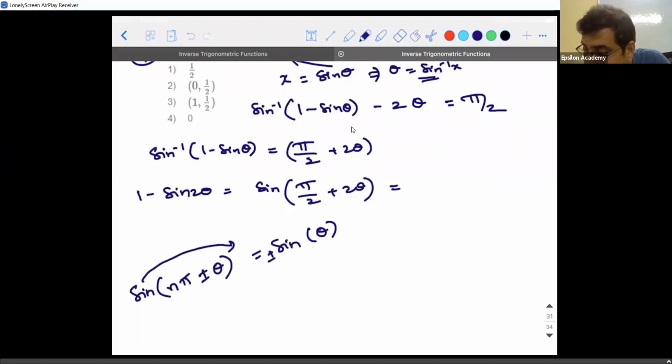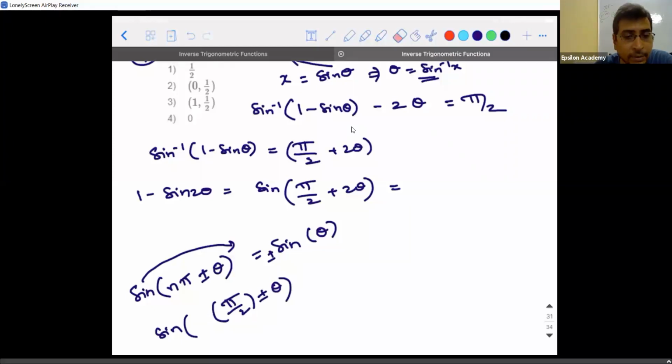Whereas if you have sine of n times pi by 2, where n is an odd number, plus or minus theta, pi by 2 plus or minus theta, or it can be 3 pi by 2, where n is odd, then you will always get the complementary of that function.